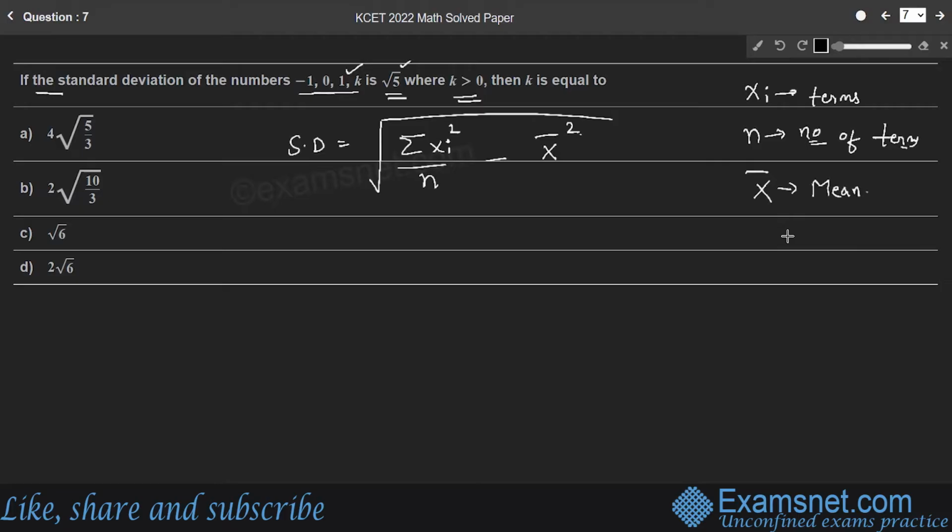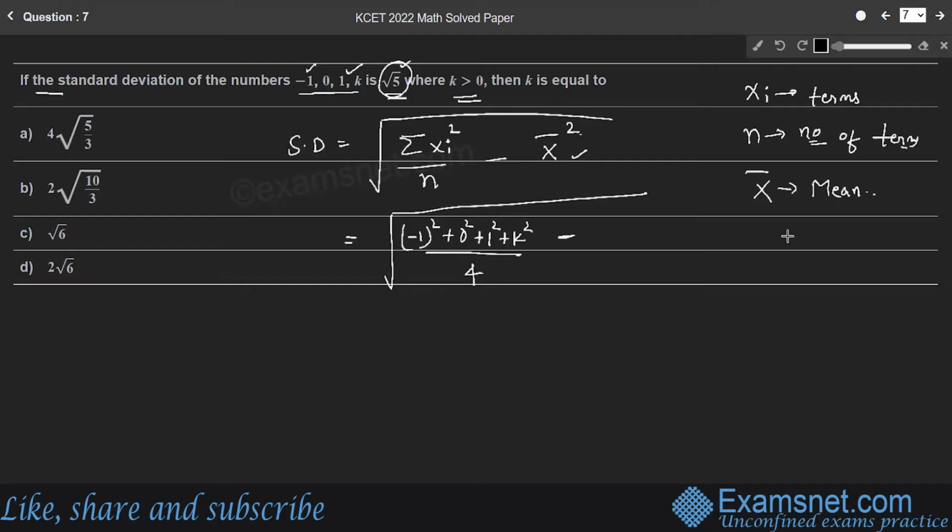To find the standard deviation, the value is already given. We need to find the value of k. Let us go for sigma xi square, that is the sum of the squares of individual terms, which is minus 1 square plus 0 square plus 1 square plus k square divided by the number of terms, 4. Then minus the mean of the data set.